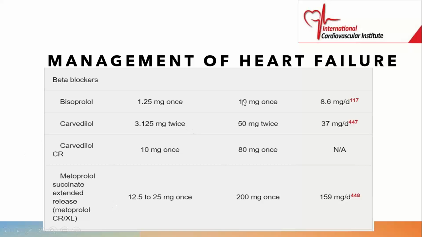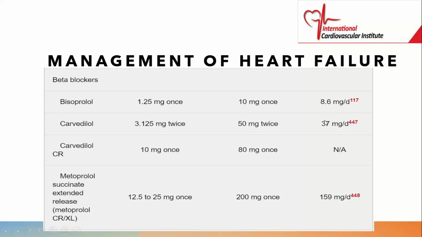Okay, these are the guideline directed beta blockers. Bisoprolol: start at 1.25 milligram once daily. The maximum dose is 10 milligrams once daily, and the dose in the study was 8.6 milligrams per day. Carvedilol: start at 3.125 milligram twice daily. It can go as high as 50 milligrams twice daily.